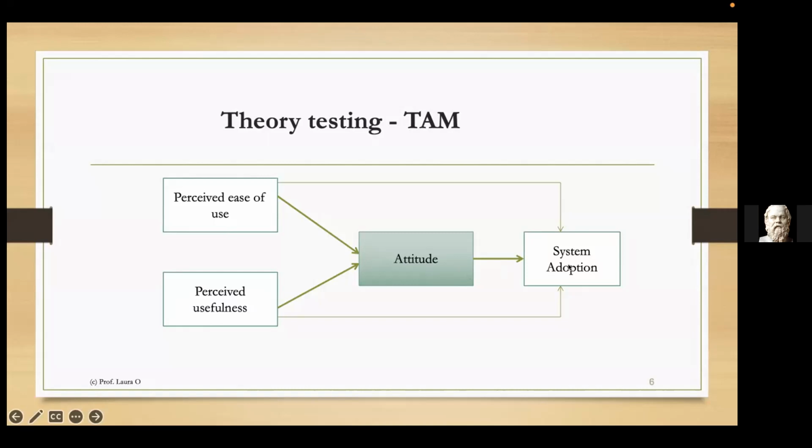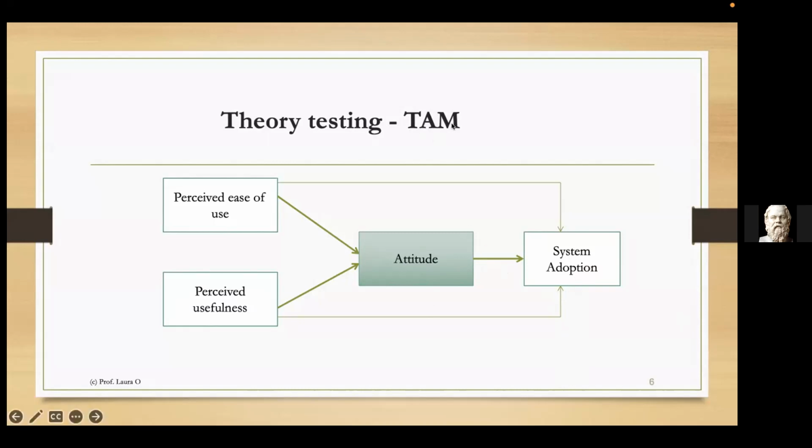But I've seen people say one of their variables is system adoption. Then in that particular box, they put attitude, perceived usefulness, perceived ease of use in the box of system adoption. For me, that means that you did not read the theory, you did not understand the theory.